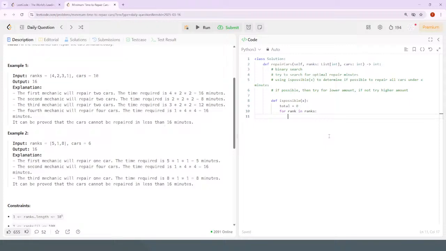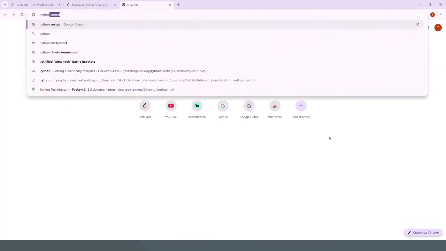the number of cars that they can do would be equal to the number of minutes divided by the rank, and then take the square root and then do the integer value of that. The square root, is that how you do it in Python?